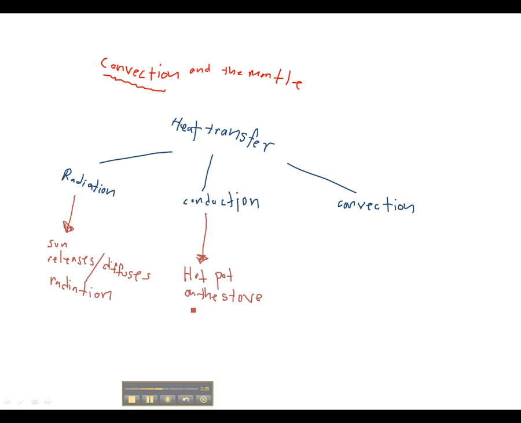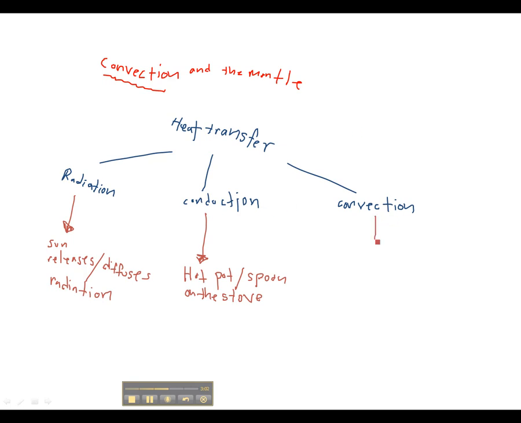Or here's another way to think about it: a hot pot and spoon. You ever leave a spoon in a pot, and you go touch the spoon, and it's way too hot to touch? That's conduction. The heat has transferred between the material, from the pot to the spoon, and then eventually to your hand where it really hurt.